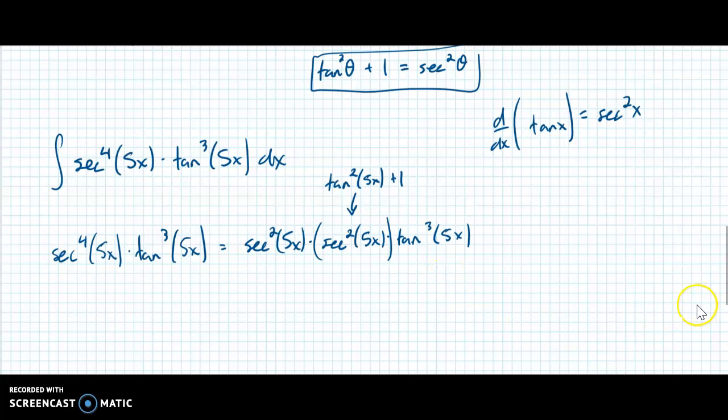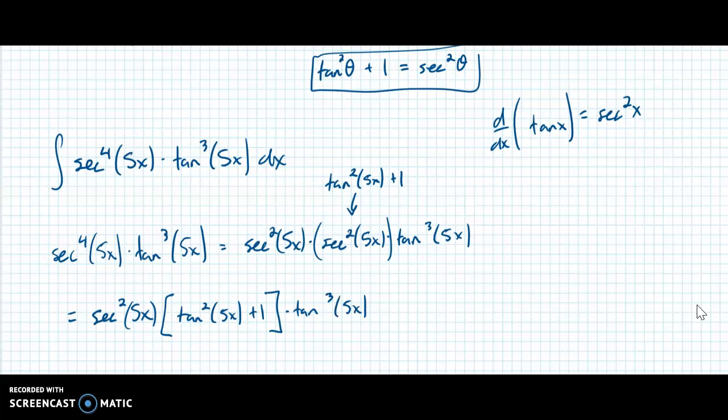From there, I'm going to get secant squared of 5x times, I'll open a bracket just to keep it in better form, tan squared of 5x plus 1, close bracket, times tan cubed of 5x.